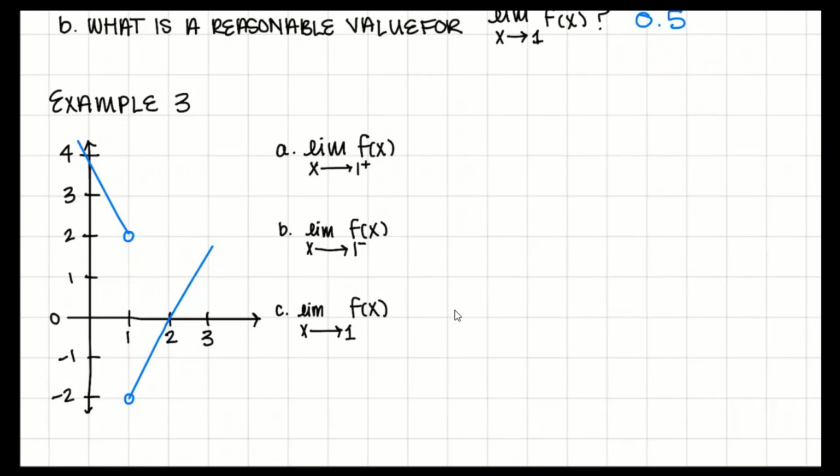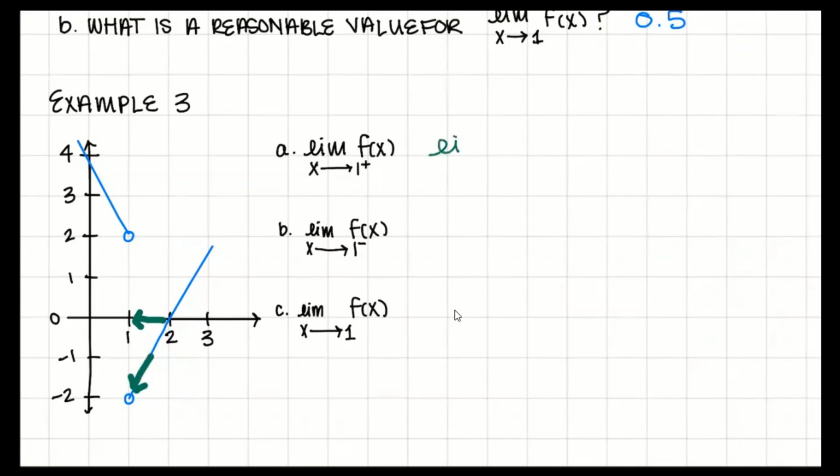So let's ask the question, well, what is the limit as we approach x from the right-hand side? So we're interested in values as we approach 1 from the right. So from 2 to 1, we see that our graph is decreasing towards -2.